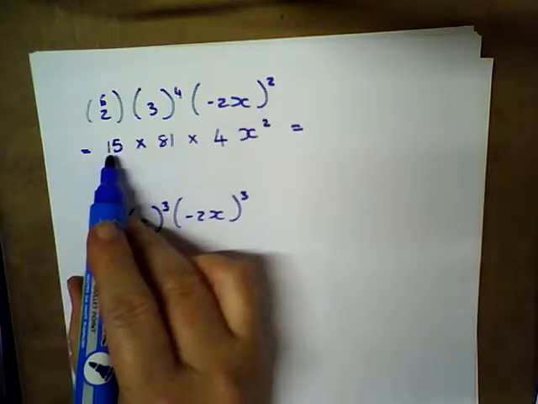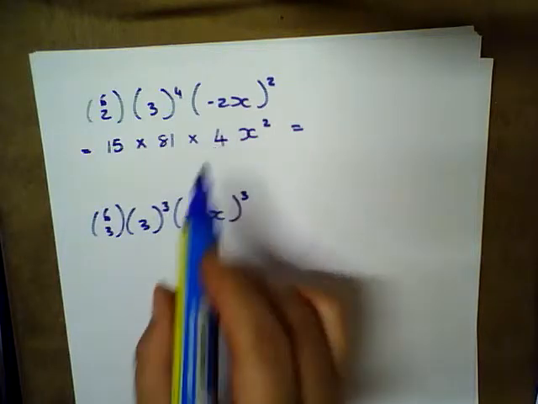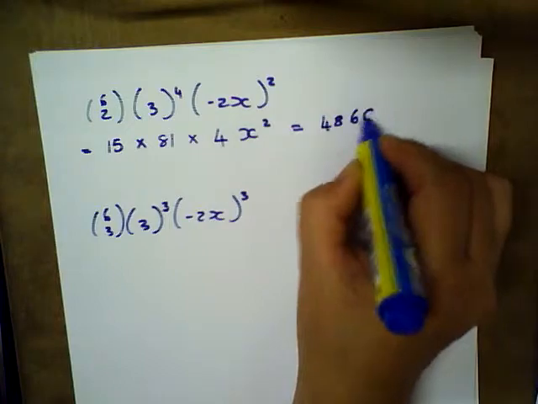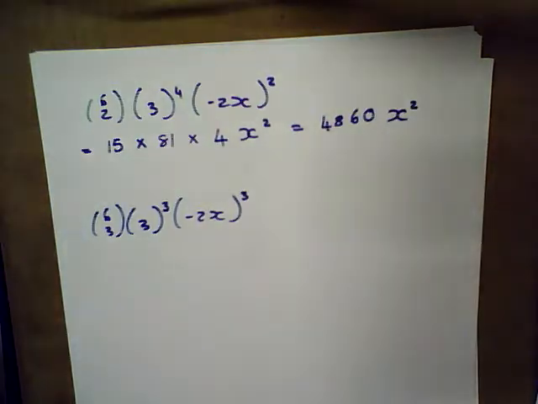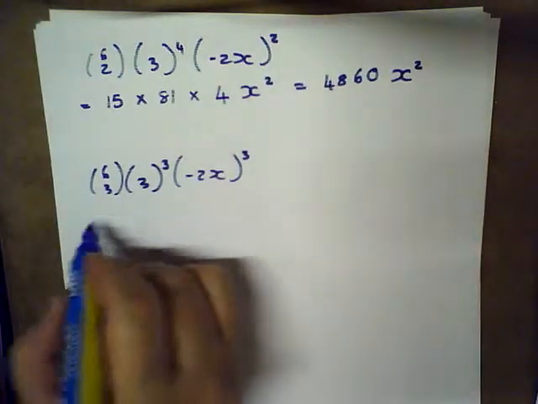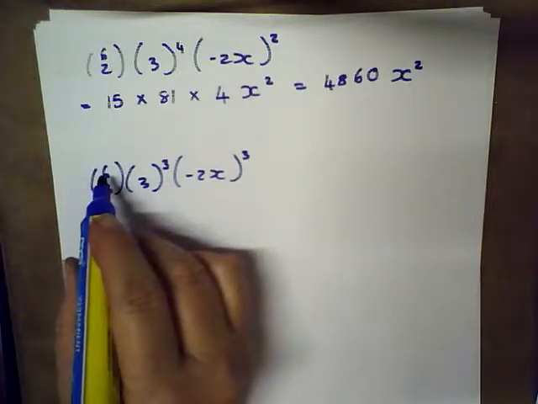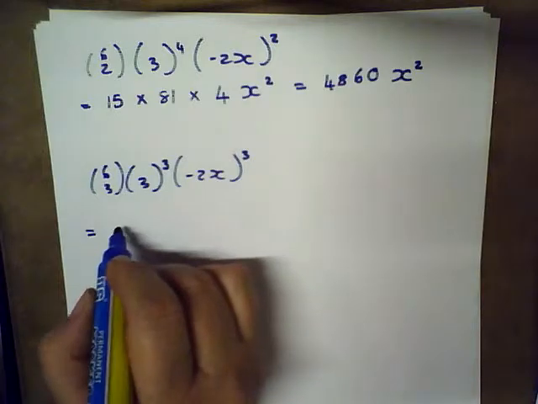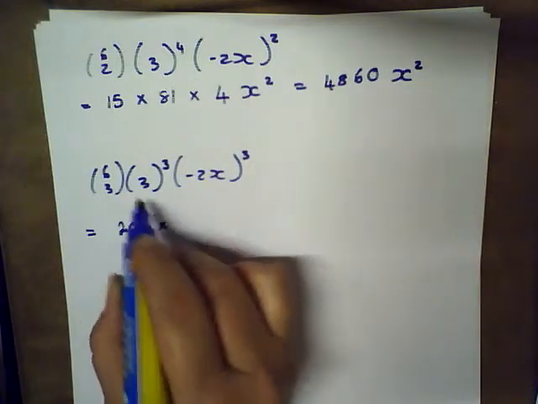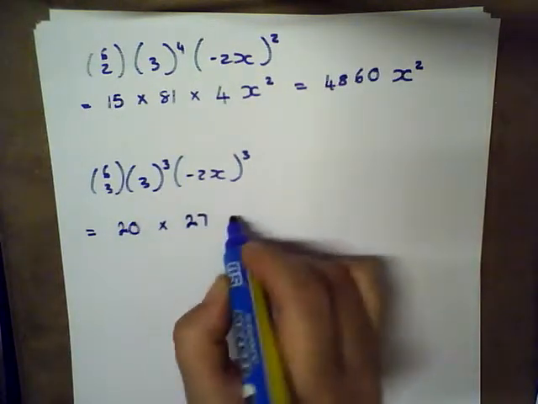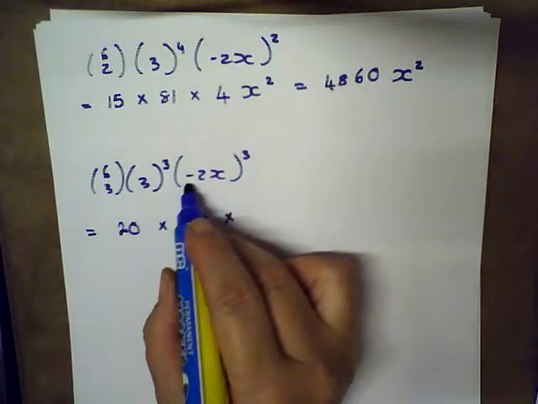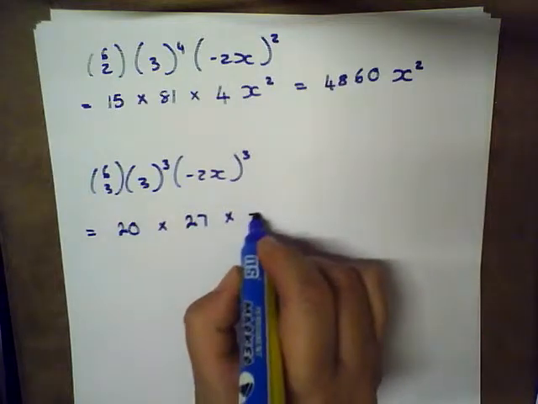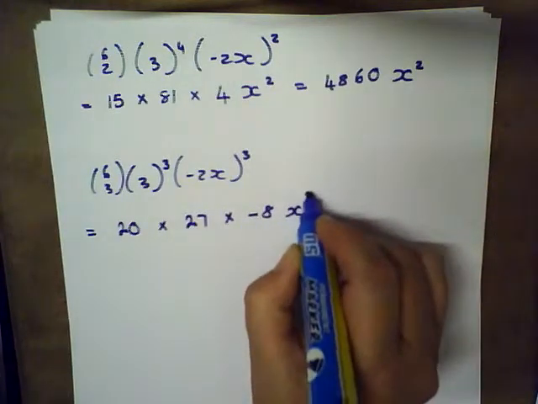Now multiply 15 times 81 times 4, we get quite a large number, 4860x². Okay, now let's do the same thing for the next expansion. So 6C3 would give us 20, times 3 cubed, that would give us 27, times (−2) cubed, would give us −8x³.